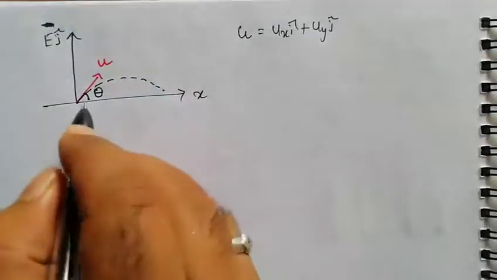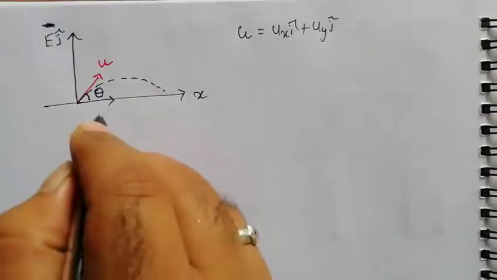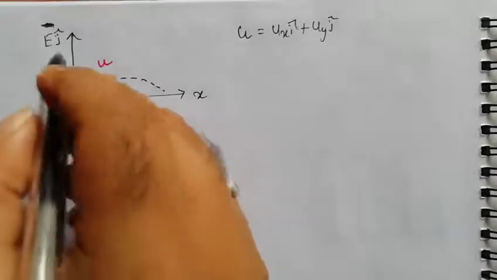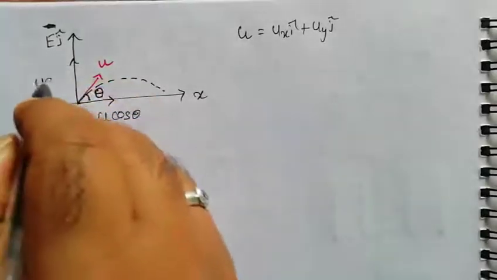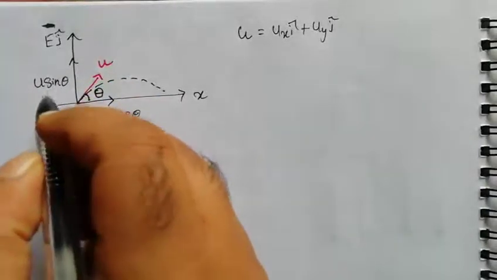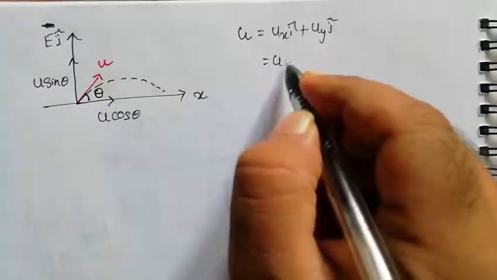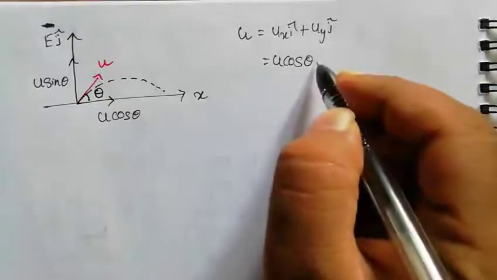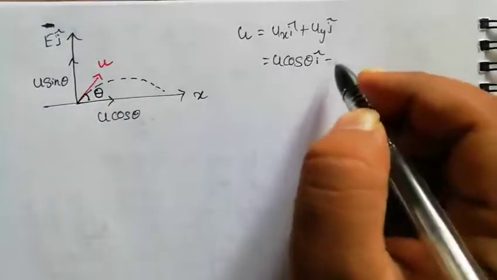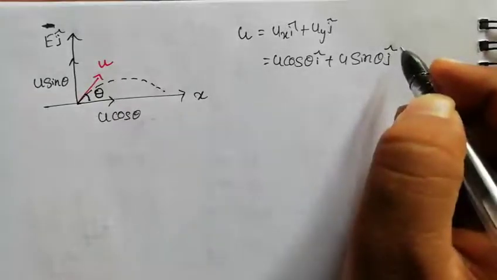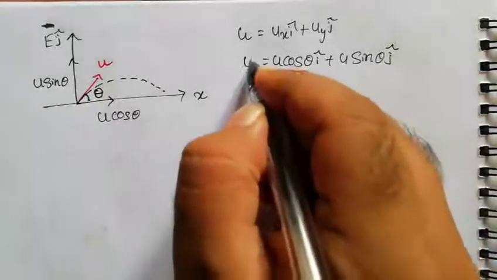Now Ux is along this component, it will be u cos theta, and Uy is along this component, it is u sin theta. Now let us insert these values. We get u cos theta into i cap plus u sin theta into j cap. So that is the initial velocity.